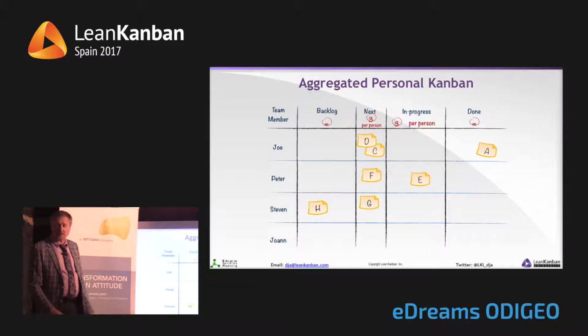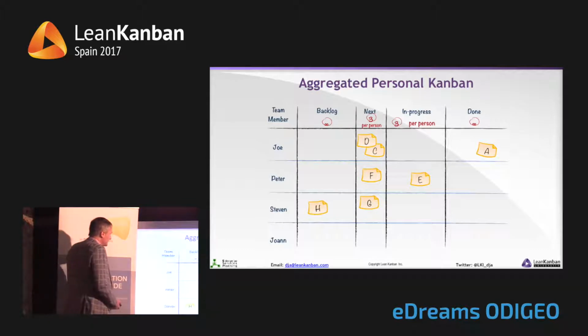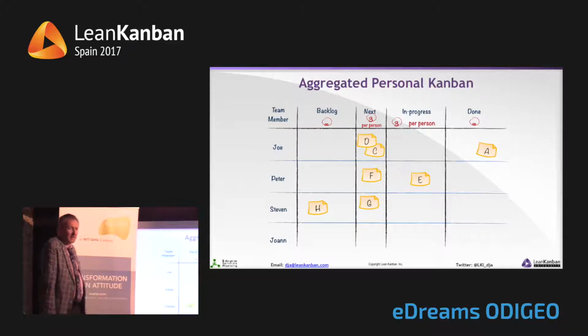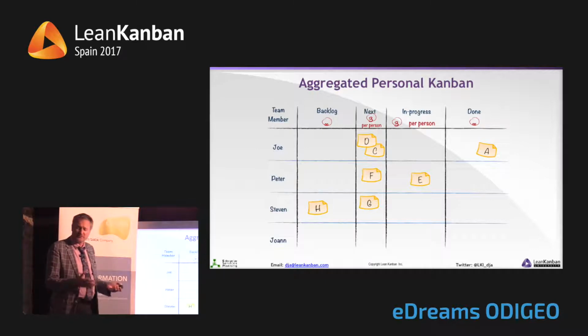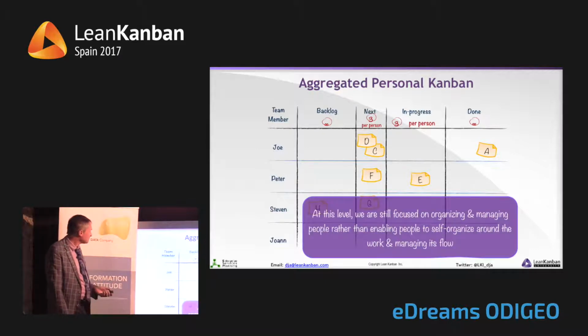So the boss, and for that matter, anyone else in the department knows what everyone's doing. And this really, it's not a pattern that we particularly encourage because it's kind of old school. Let's micromanage everybody and keep an eye on what they're all doing. But it's in our case study literature, and sometimes this is where people have started. Aggregated personal Kanban for a single department or a team.